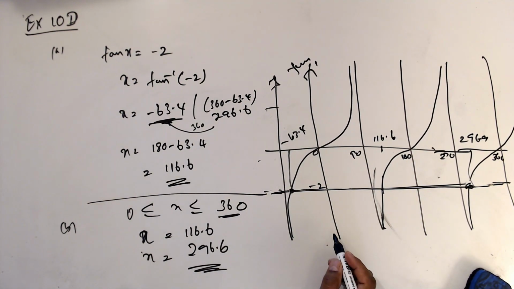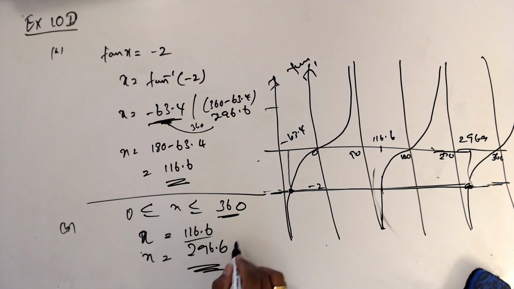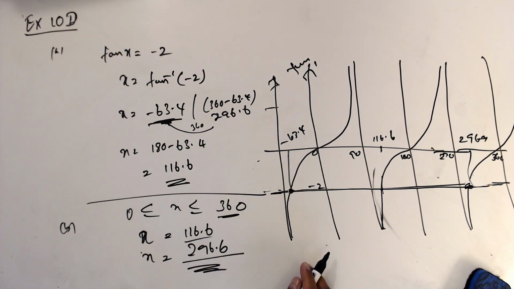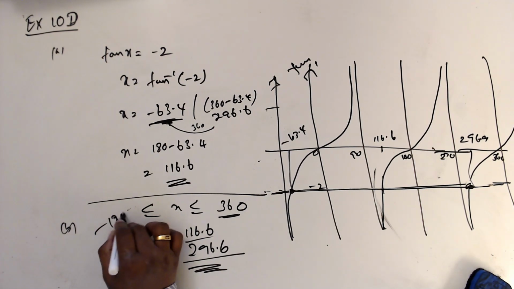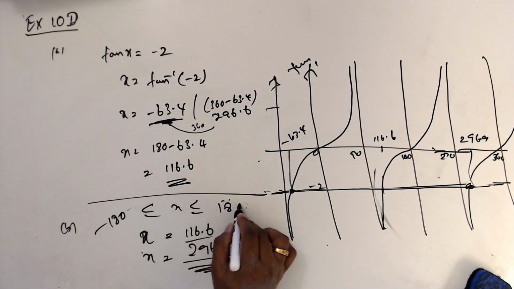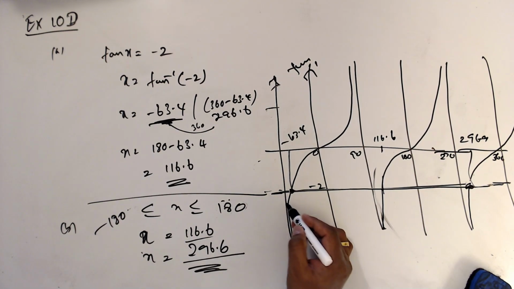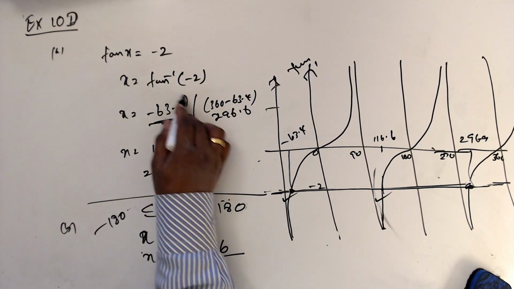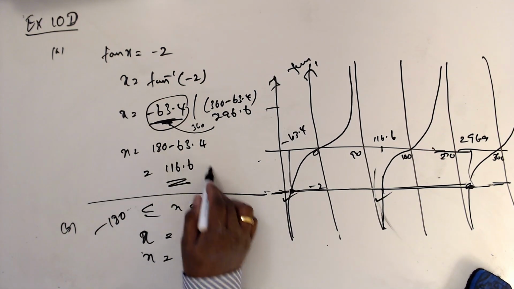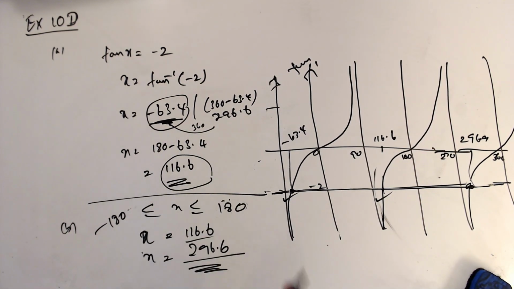So we have only two values, 116.6 and 296.6. What will happen if the range is minus 180 to plus 180? Then you have to take this answer and then this answer, this minus one and this one. Then it's done.